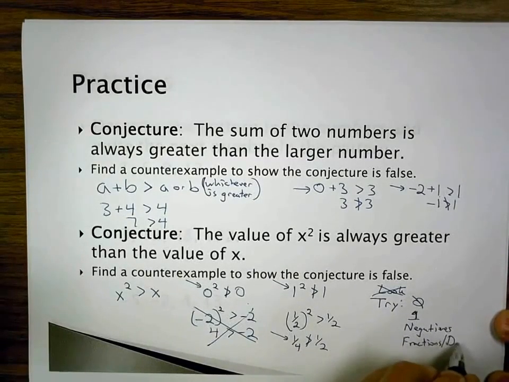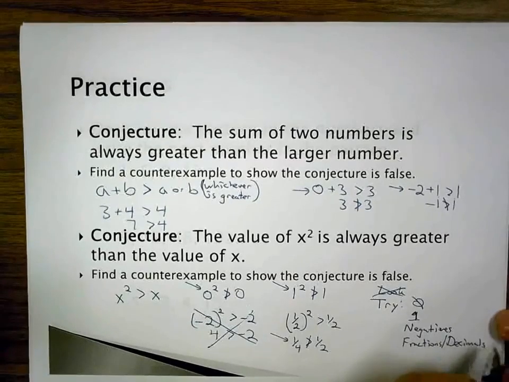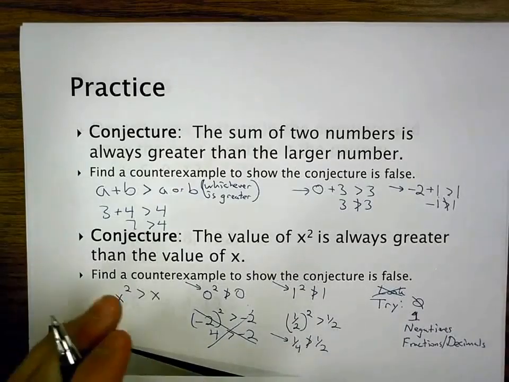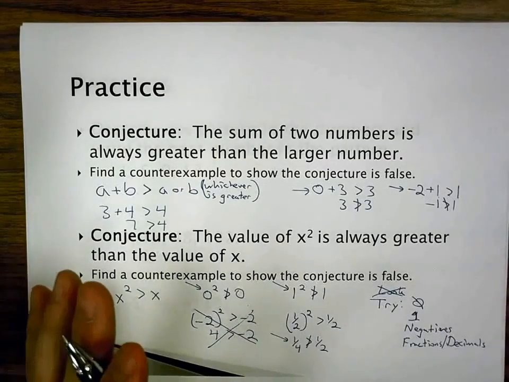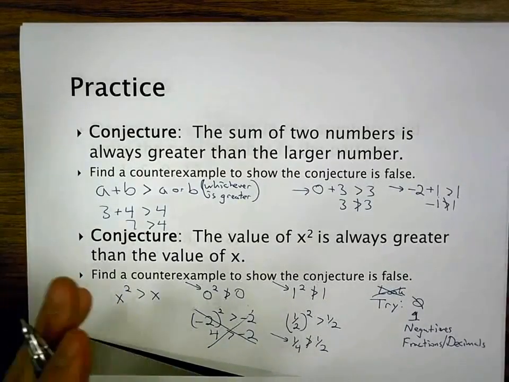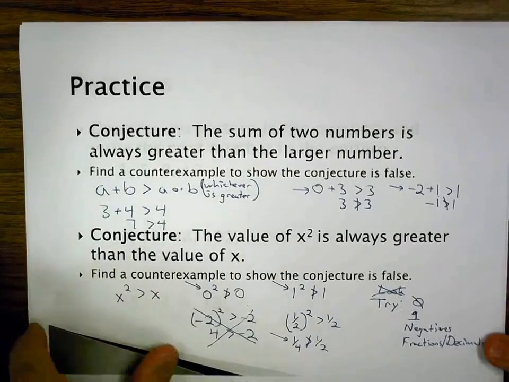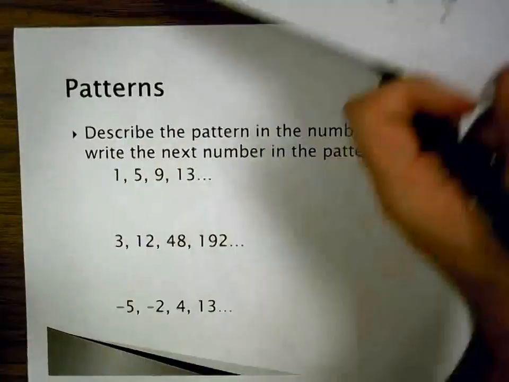And with fractions, we could even say decimals. And typically, those would be the ones that give a counterexample, and that's in relation to them being identity properties and your rules with multiplication and adding with the negative numbers. So things to look for, kind of tools you have to go with.